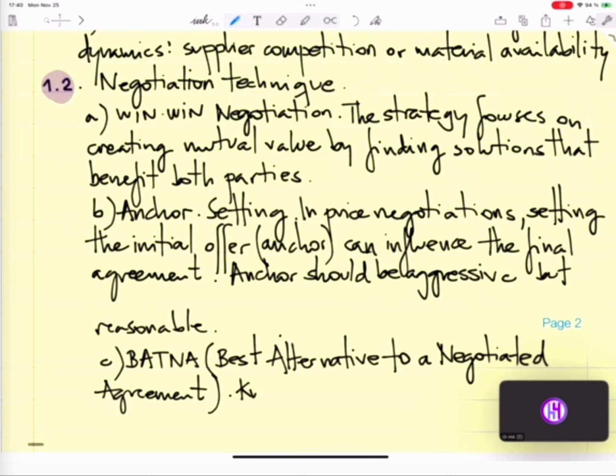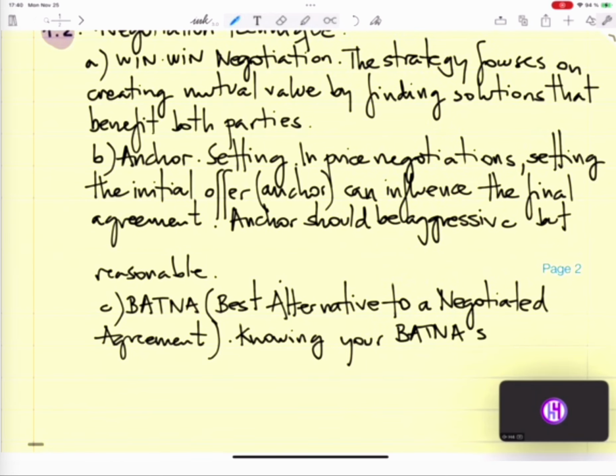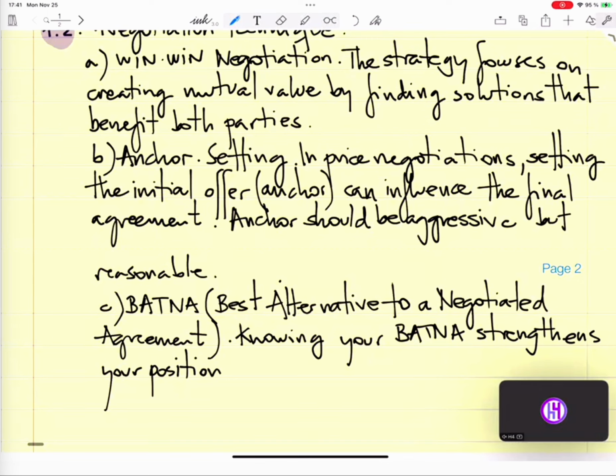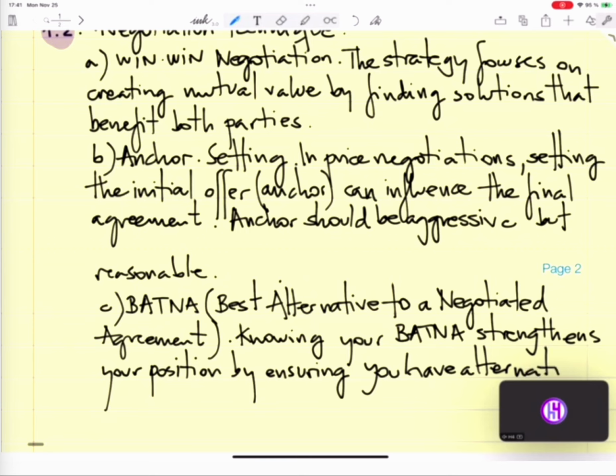Knowing your BATNA strengthens your position by ensuring you have alternatives if the negotiation fails.